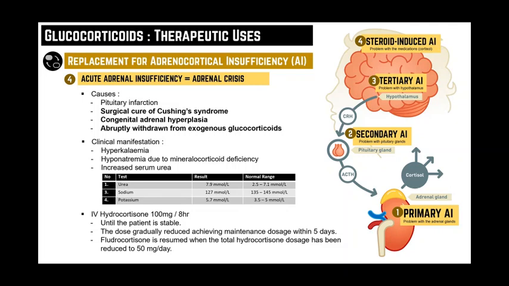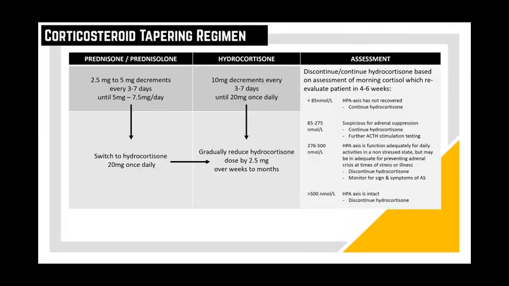Patients who receive long-term corticosteroid therapy cannot stop the drug abruptly, to avoid any adrenal crisis. So they need to taper down the dose based on the corticosteroid tapering regimen. This chart shows the differences in how to reduce the dose based on the drug that the patient receives. If the patient receives prednisone or prednisolone, they need to reduce 2.5 mg every 3 days.